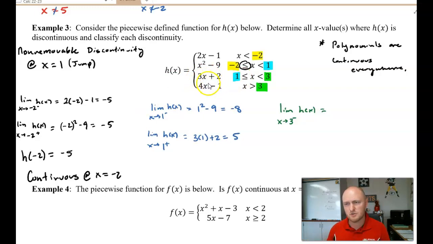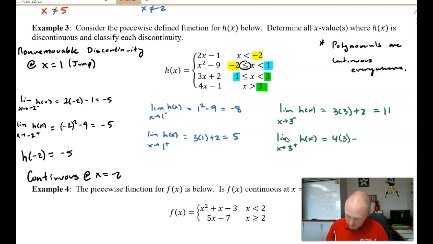All I want to do is make sure, do they connect? So 3x plus 2. So 3 times 3 plus 2, that's 11. How about from the right? The limit as x approaches 3 from the right of h of x. That's just 4x minus 1. So 4 times 3, that's 12. Take away 1. Hey, it's 11.